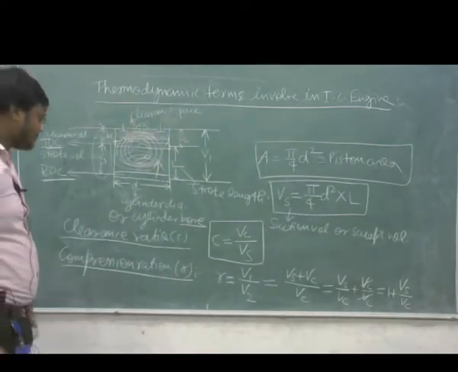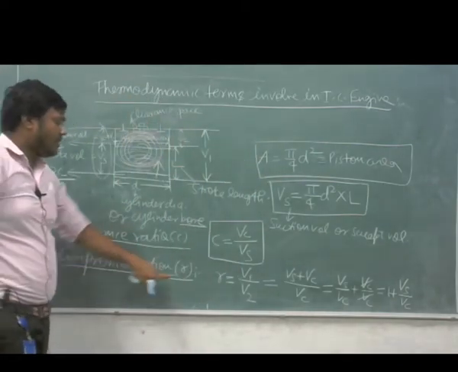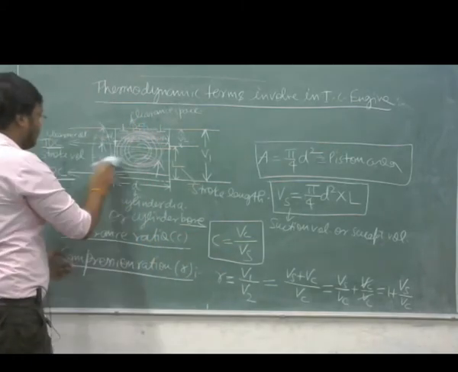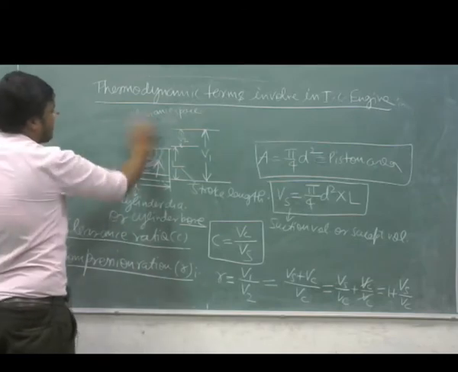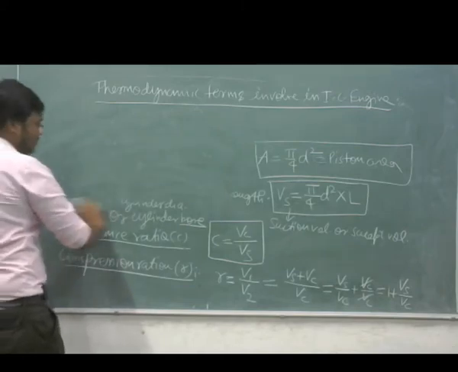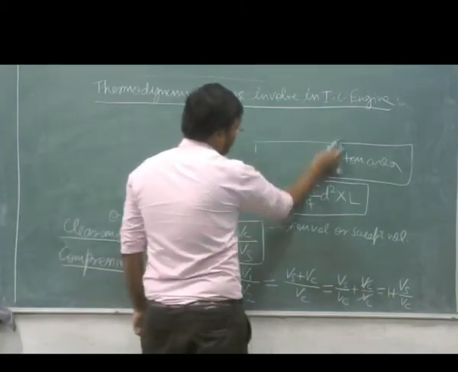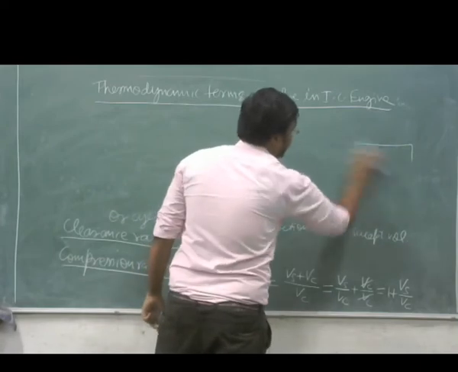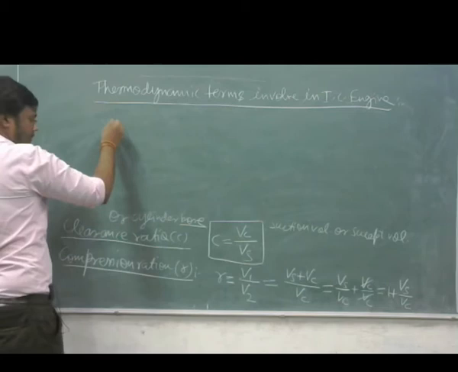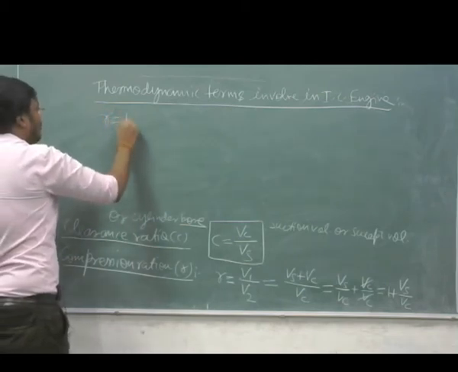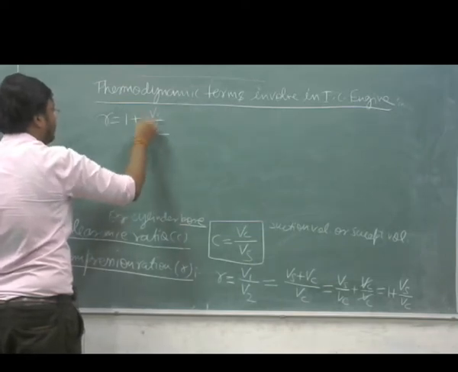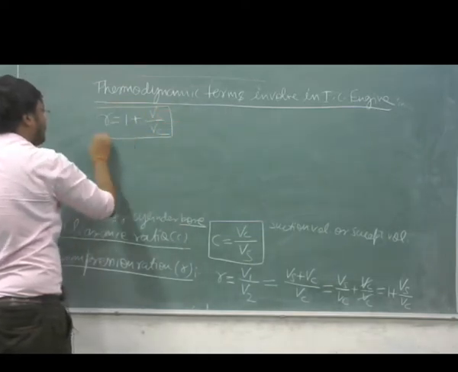So this is the first formula for compression ratio: R is equal to 1 plus Vs by Vc.